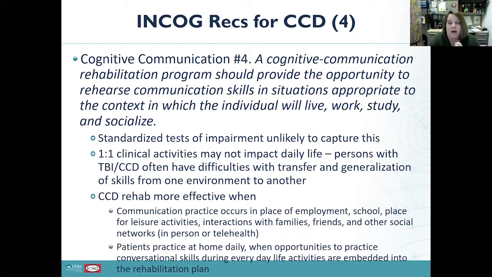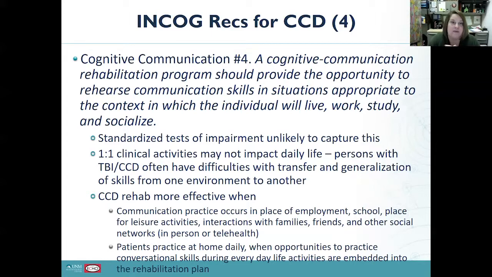So another thing about this population, as you very well know, is that persons with TBI have a lot of difficulty transferring skills, generalizing skills to other environments. So again, this is just a basic treatment gold standard. We want to make sure that we're doing it where it matters, but that's also very hard to do logistically and for our schedules. But this is a recommendation.